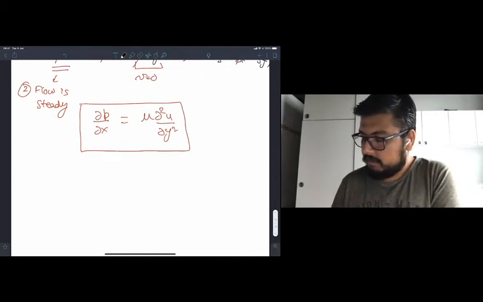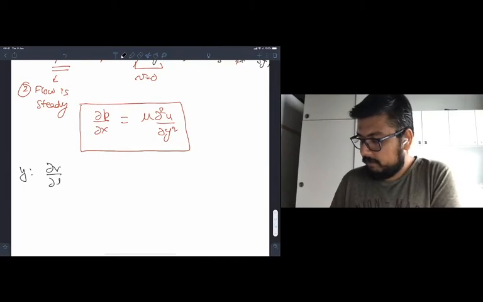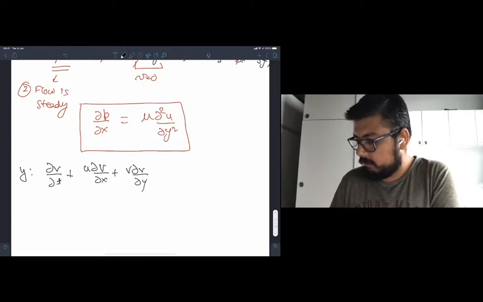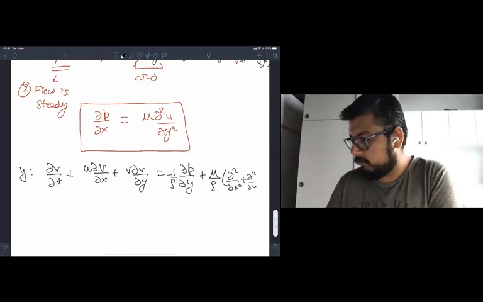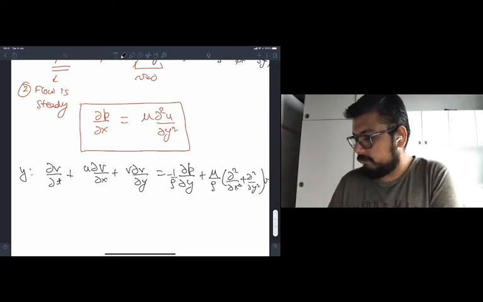Furthermore, if we look into the y direction, then we have del v by del t plus u del v by del x plus v del v by del y equals minus del p by del y, again 1 upon rho over there, mu by rho del square by del x square plus del square by del y square v.